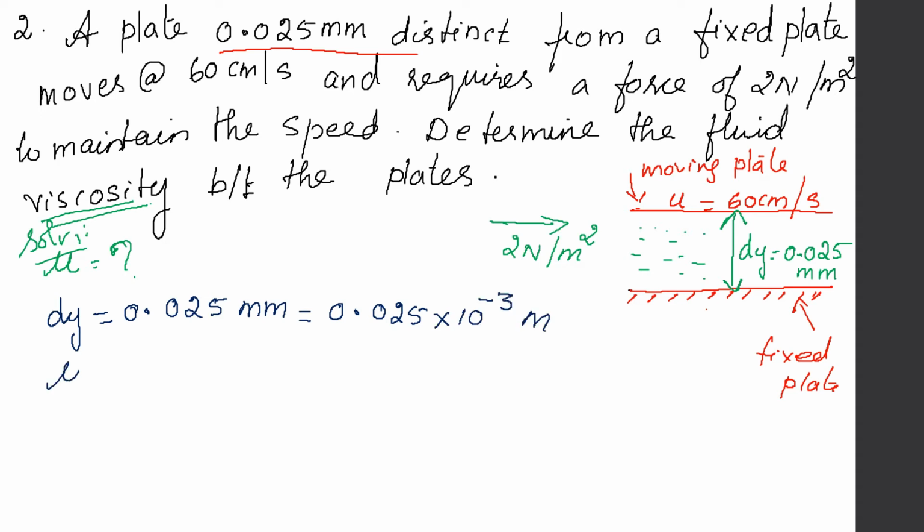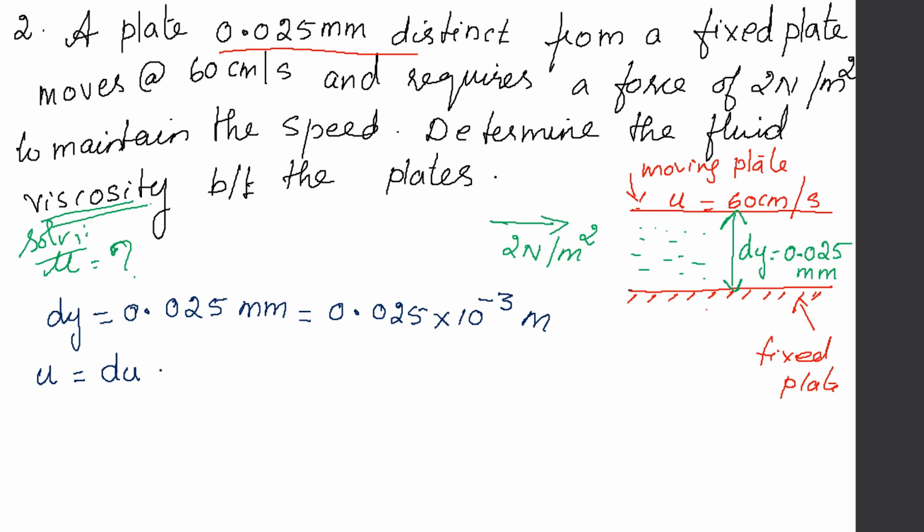Now we know mu is equal to, before that, we know here u is equal to du. The velocity is the velocity between the plates here.